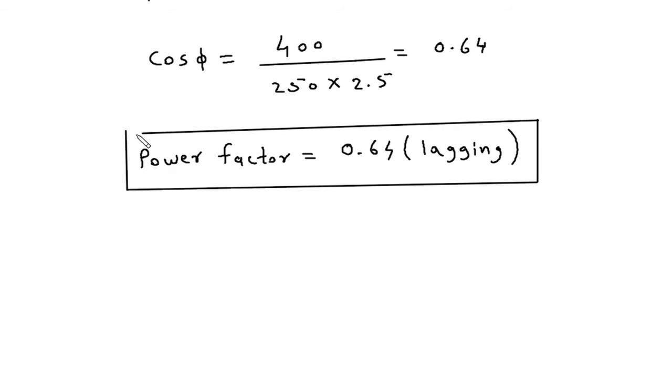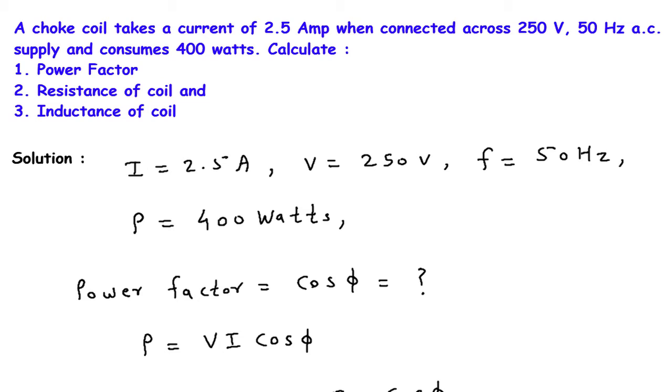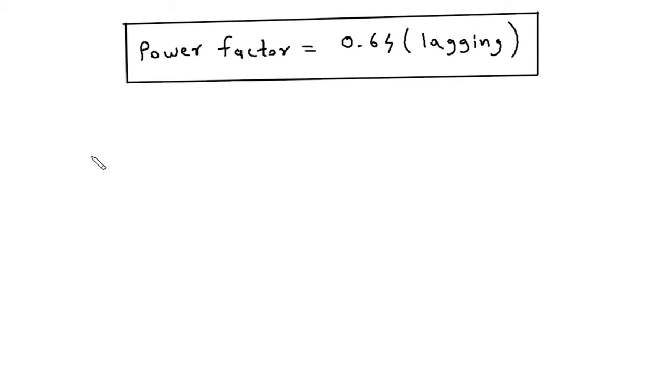Then next, we have to find resistance of the coil. So resistance we have to find, and we know that cos phi is equal to R, that is resistance, divided by Z, that is impedance.